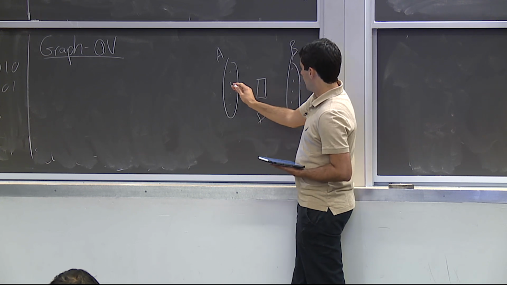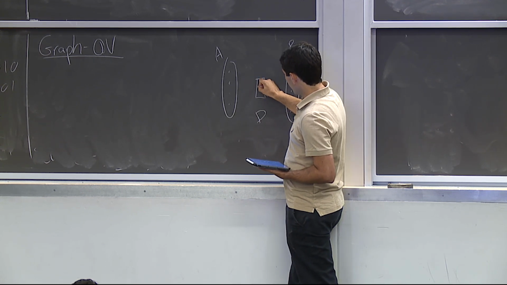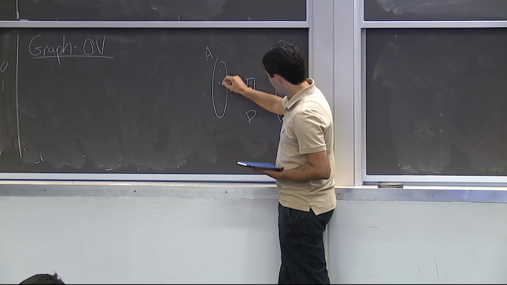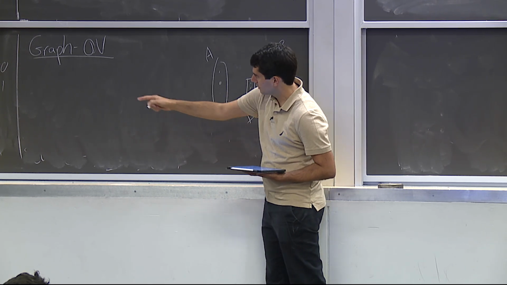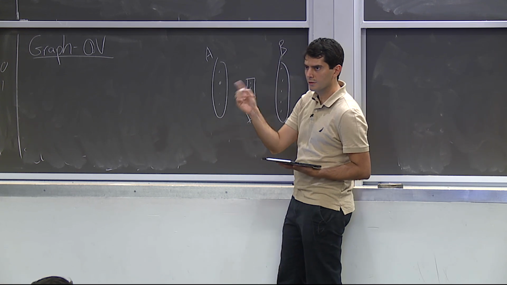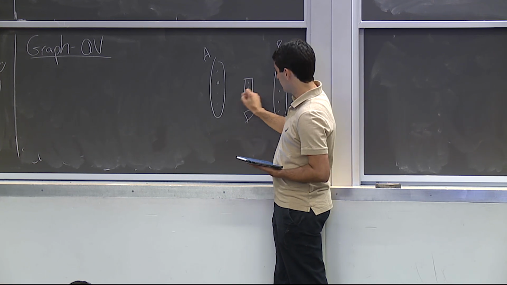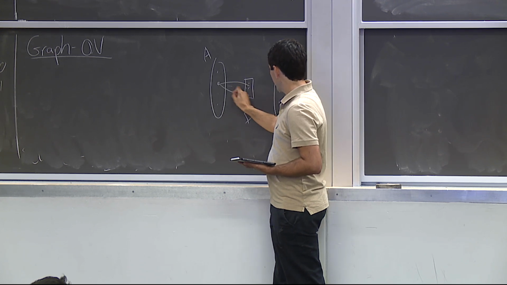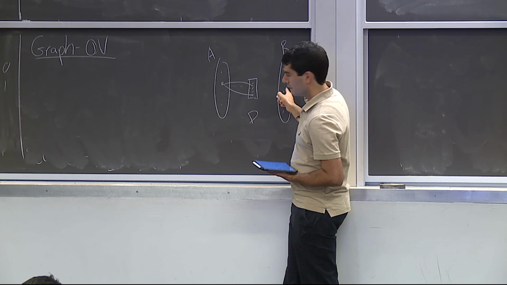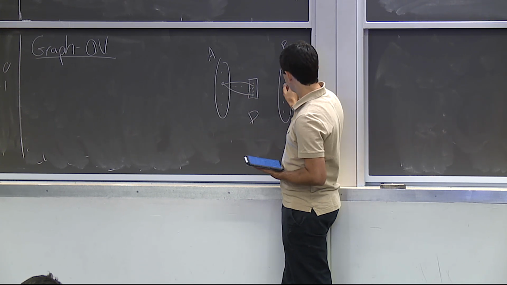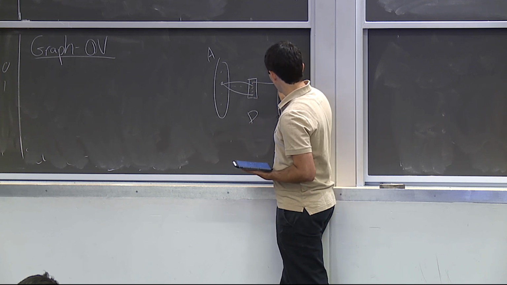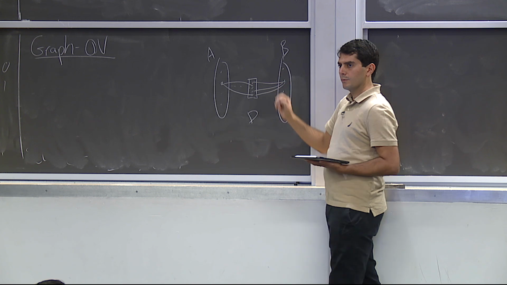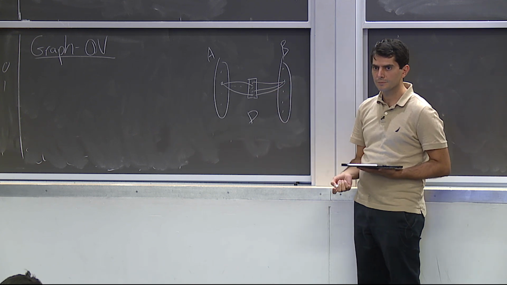It's going to be a layered graph, and I have a node for every coordinate. So there's d nodes here. Then I take a vector and check, in the first coordinate, is it 0 or is it 1? If it's 1, I put an edge. If it's 0, I don't put an edge. And then I do the same thing here. So I'm encoding the vectors as neighborhoods in this graph.